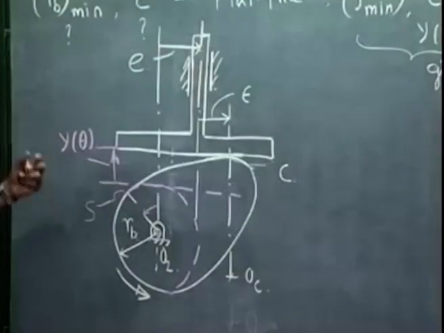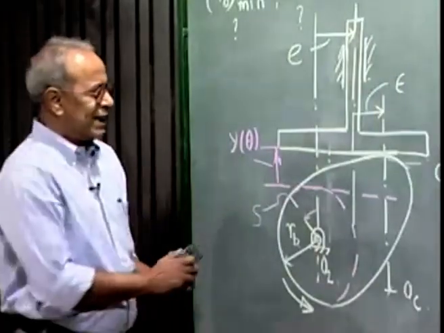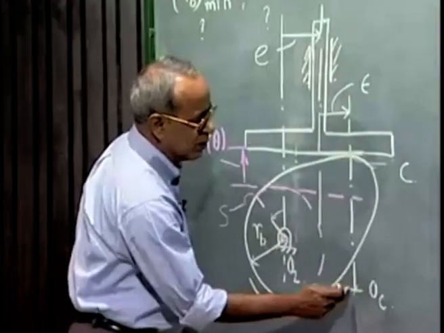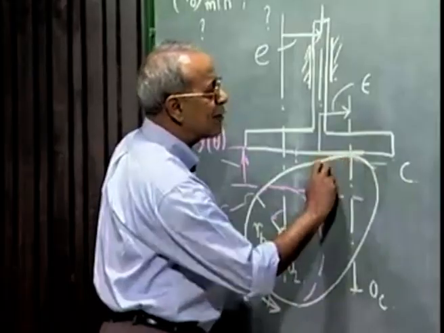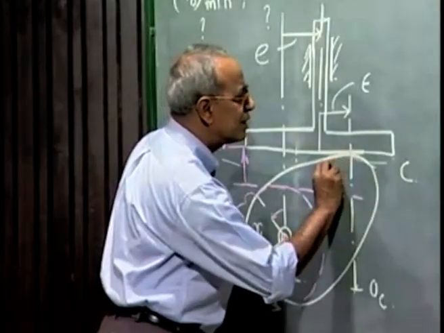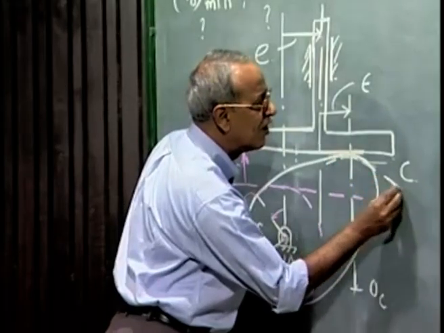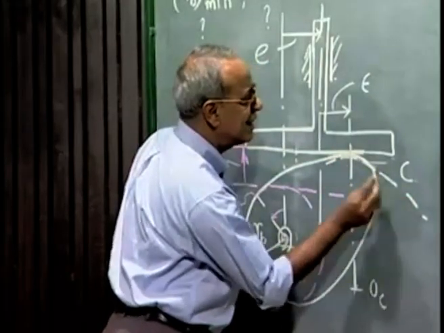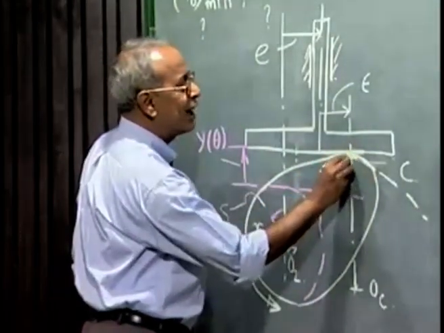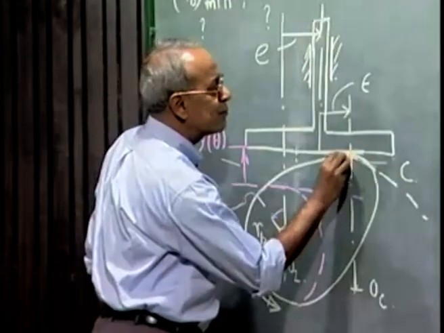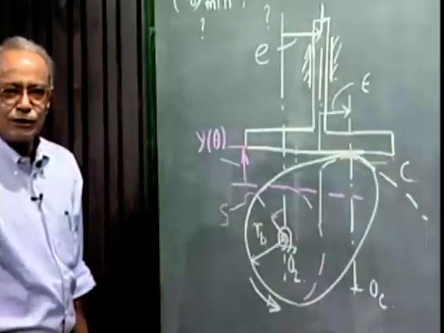That for 3 infinitesimally separated time instants, the circle with center at OC and OCC as radius is same as the cam profile. So if I draw the circle with OC as center and OCC as radius, then this circle and the cam profile, 3 infinitesimally separated positions are same on the cam profile and in this circle.